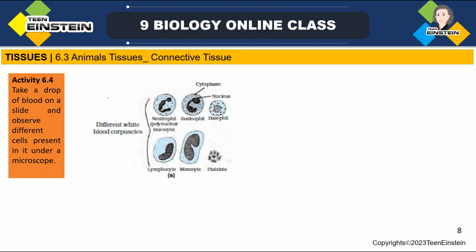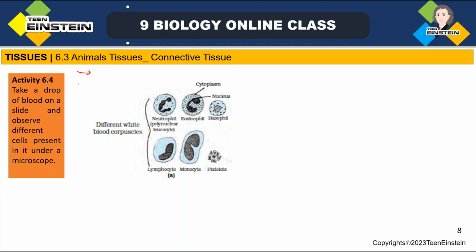See here, there is one activity in your textbook. Take a drop of blood on a glass slide and observe the different cells present in that drop under a microscope.